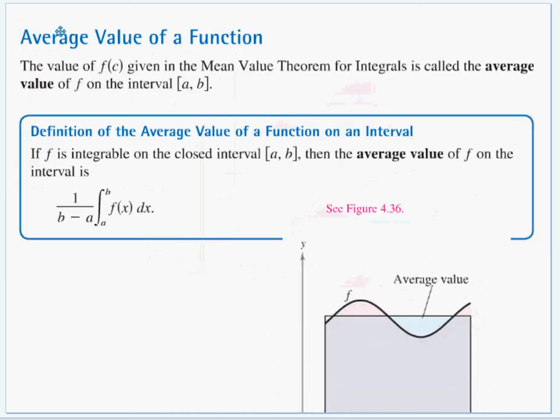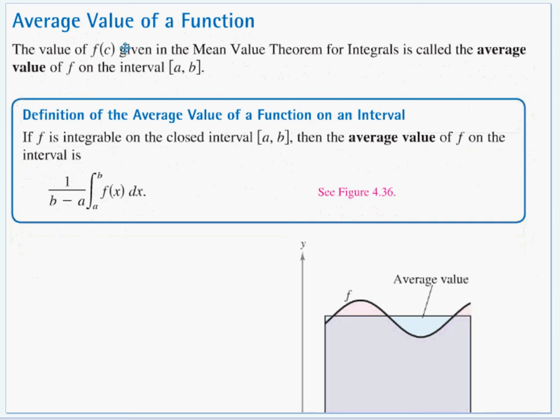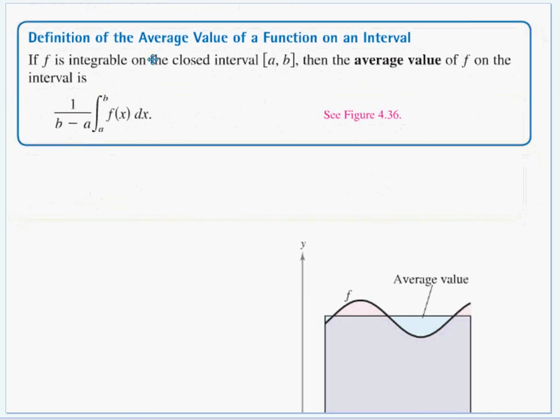The average value of a function is some number on the y-axis. So that value f of c that's given in the mean value theorem for integrals is called the average value of our function on that interval from a to b. The definition here in the box is pretty basic. We take our definite integral, but we put a fraction out front.